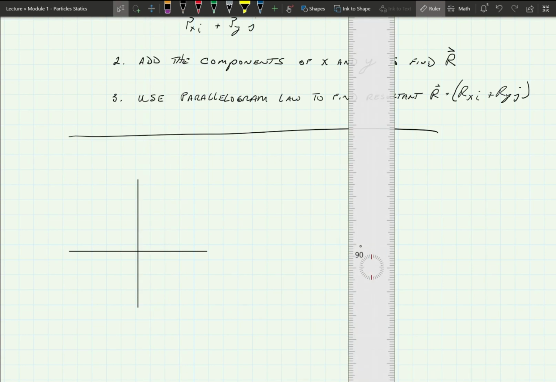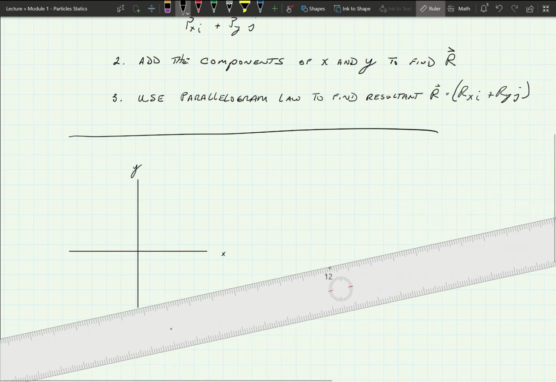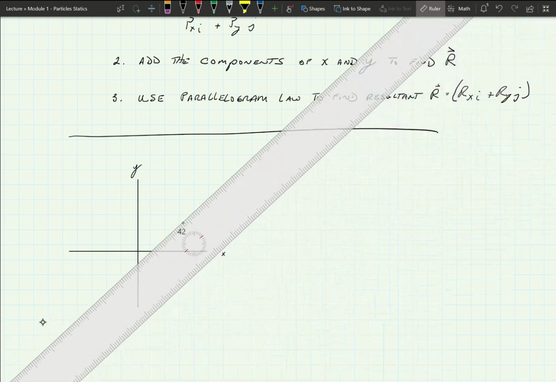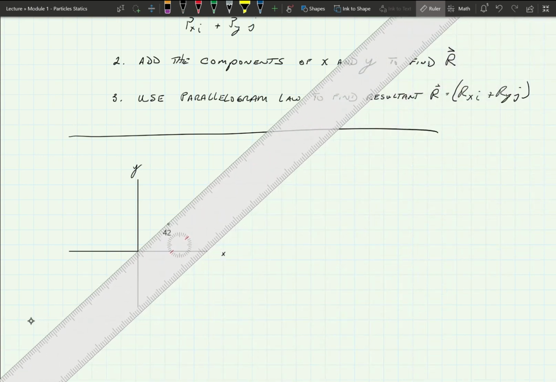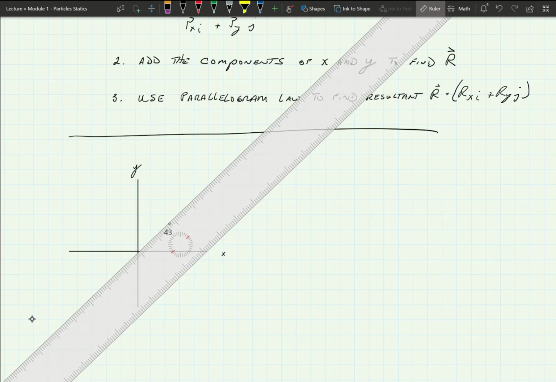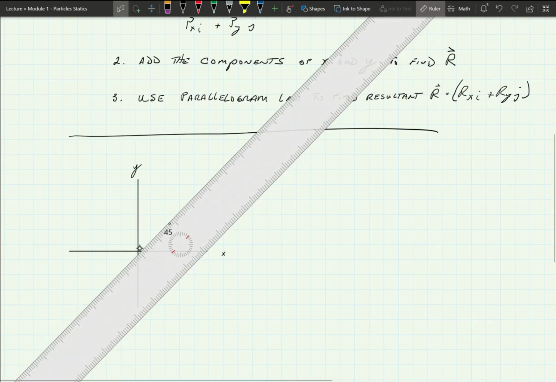Okay. So I got an x-axis here. I got a y-axis there. We're going to keep this two-dimensional, but we're going to have three vectors we're going to try and find the components for. Okay. So let's do this one.